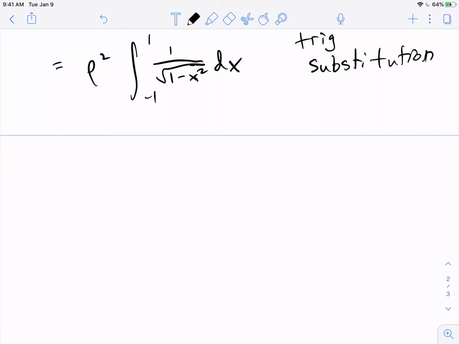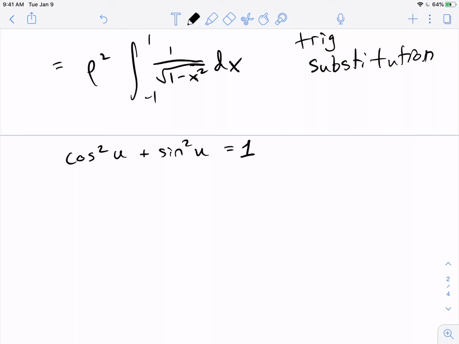And the reason is sine and cosine have this beautiful property that cosine squared plus sine squared of any value is always equal to 1. And so when I look at this, I say, oh, well, if I plugged in cosine or sine in for x, then I could simplify this.